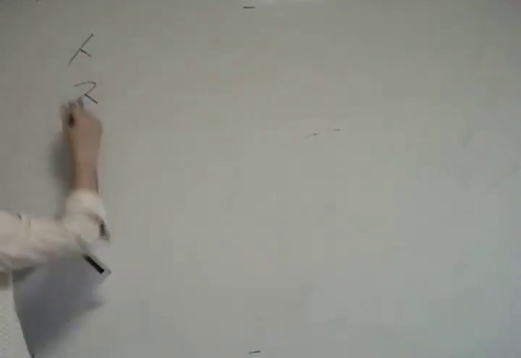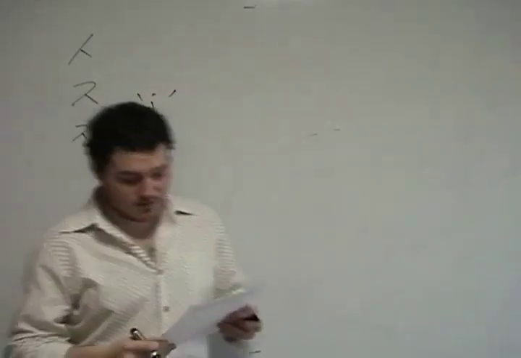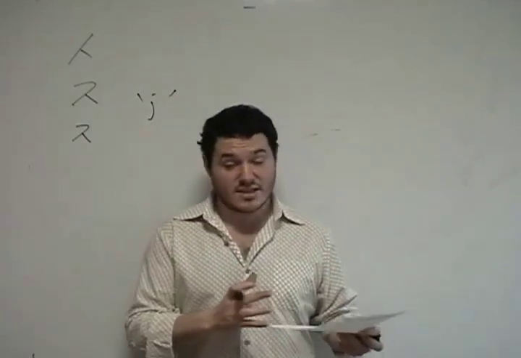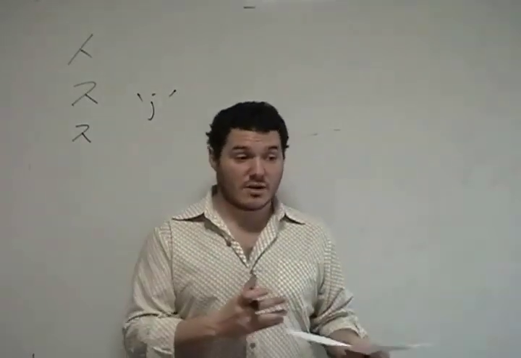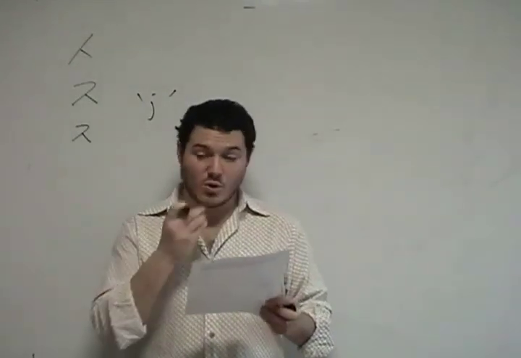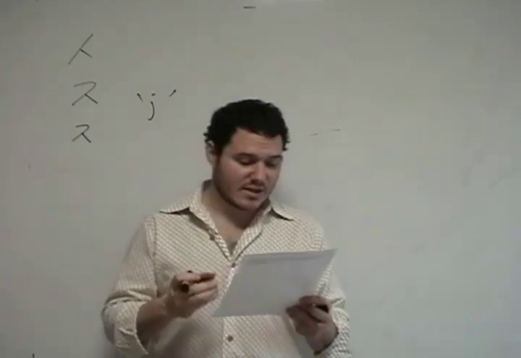So it's basically the same, just with a tick above. This is the J. Again, similar to the S, this will be softer than our J. Our J is quite full-tongued. Theirs is lighter, more tip of the tongue.